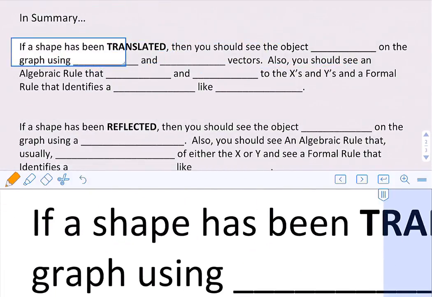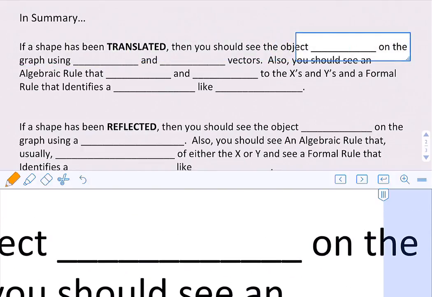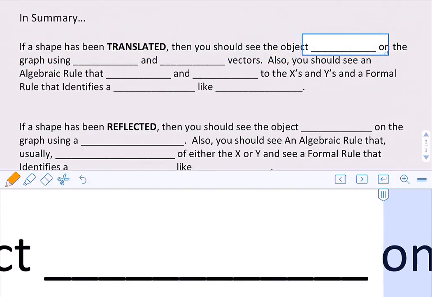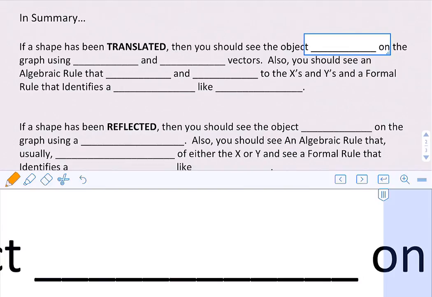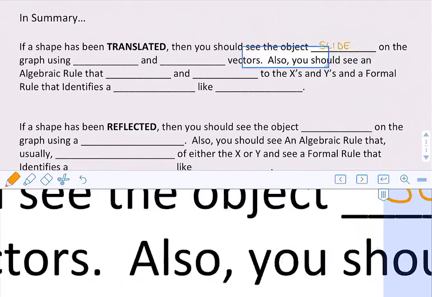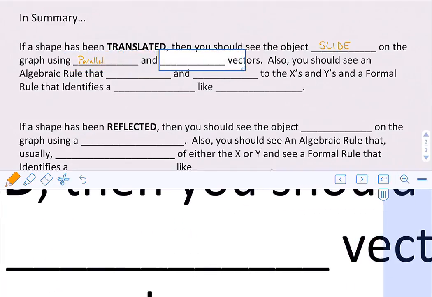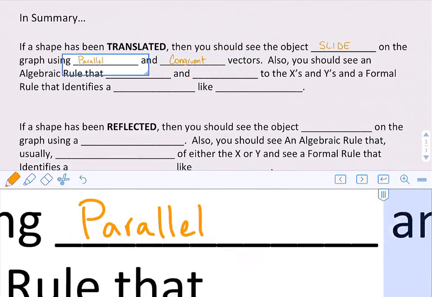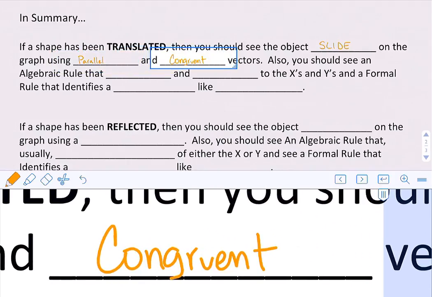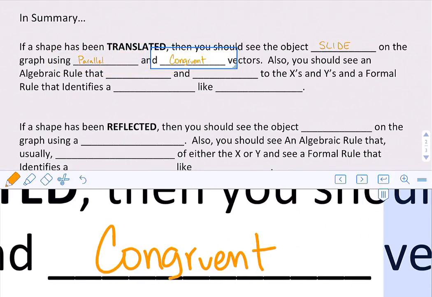So if you know a shape has been translated, then you should see the object, and you can describe this different ways, but I'm going to put slide. You see the object slide on the graph using vectors. And so this has to be parallel and congruent. I'm sorry, parallel means they move the same direction, congruent means they're moving the same distance.